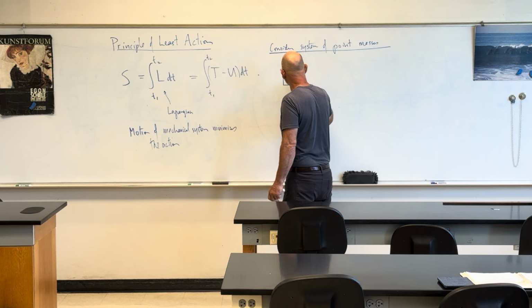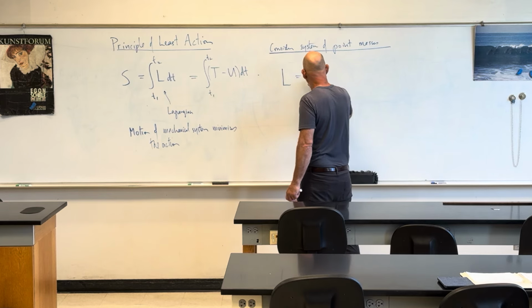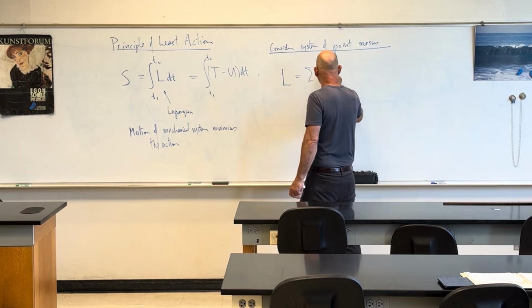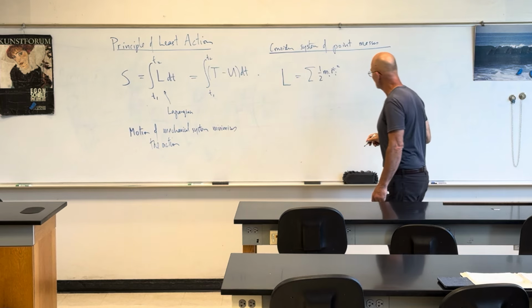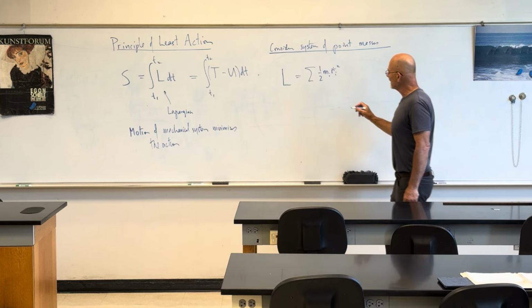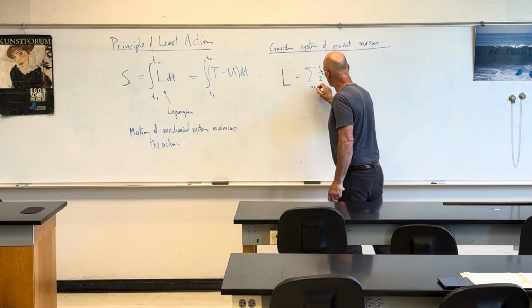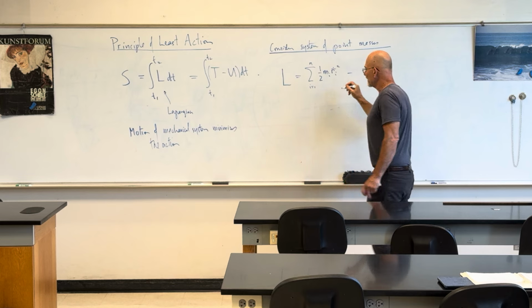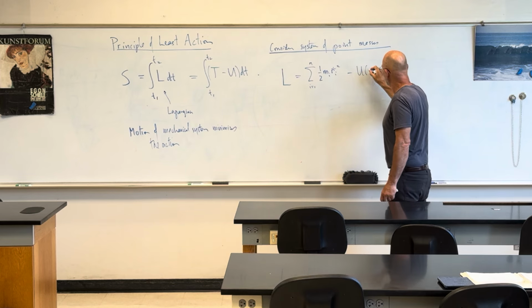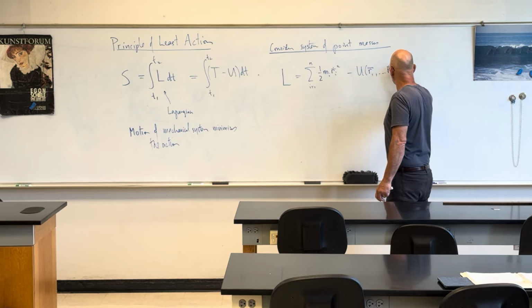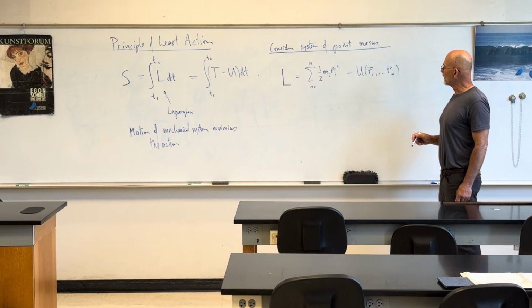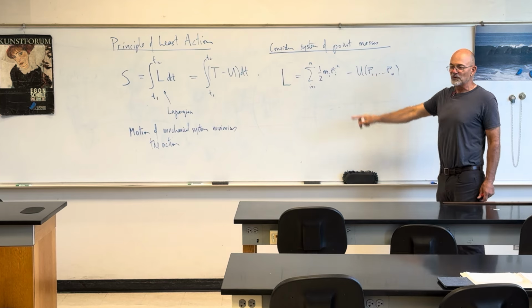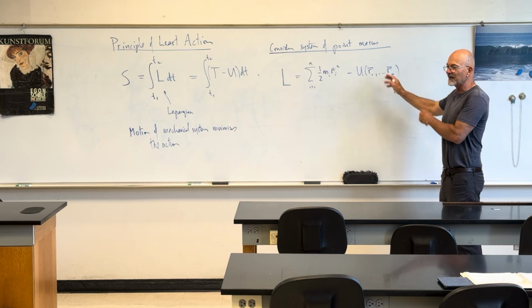So what we have is this Lagrangian equal to the sum of 1/2 m sub i r sub i dot squared, the individual kinetic energies, i equals 1 to n, and then we subtract off the big potential energy of these. If you take x, y, and z for each of these, it would be 3 times n variables.